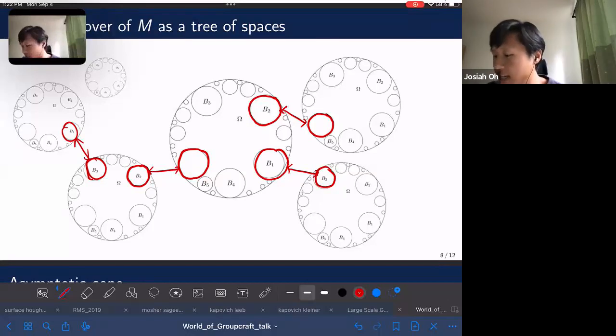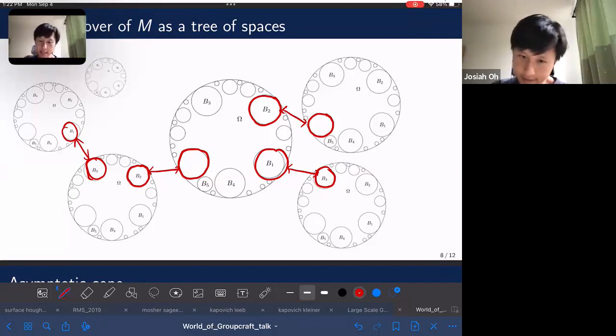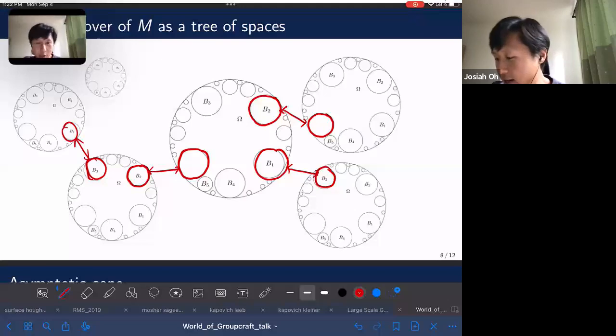You can imagine that each copy of the neutered space here is like a vertex, and then you have edges according to where these arrows are drawn. And what we want is for the group gamma to actually just act on this tree. And then if the action is nice under some mild conditions, we get to use a fundamental result from Bass-Serre theory to conclude what is the algebraic structure of the vertex groups and the edge groups. Those will be the stabilizers of vertices and edges in the tree.